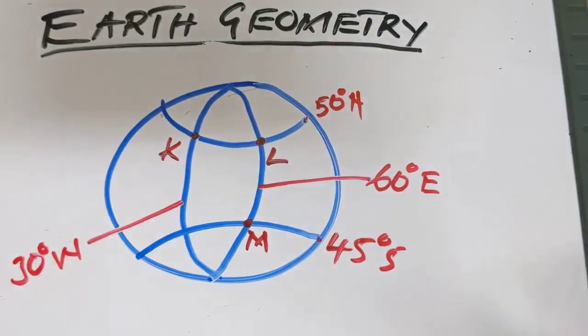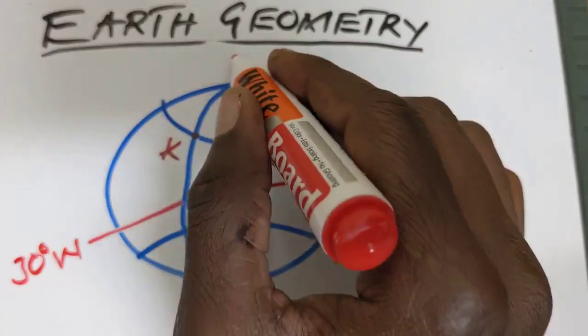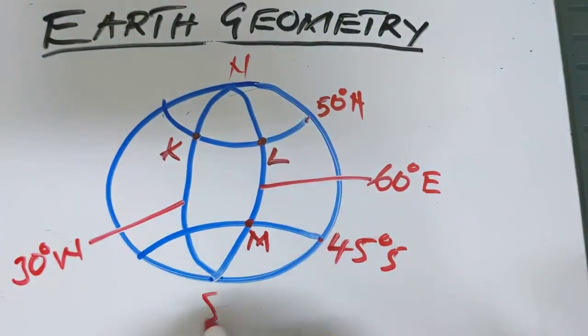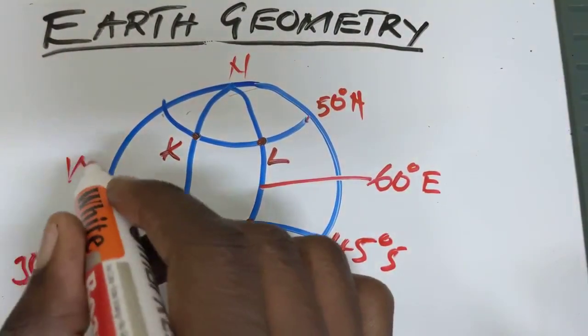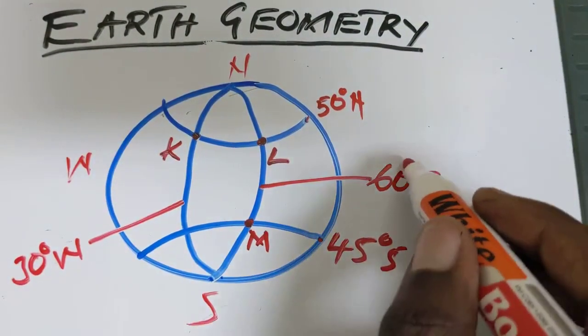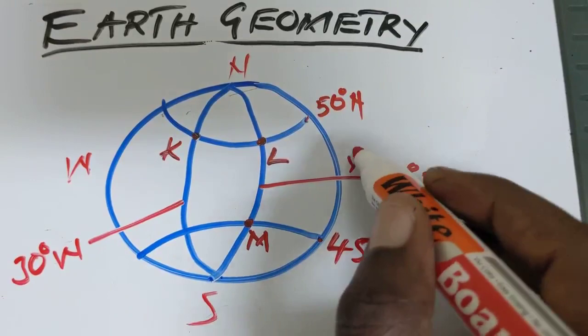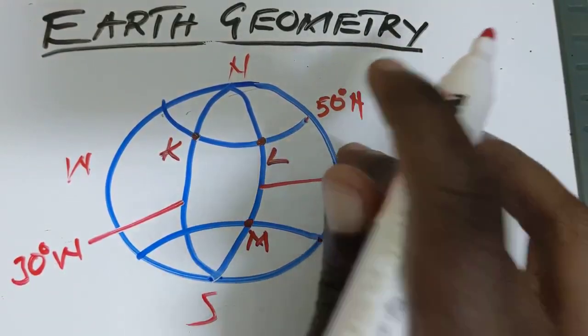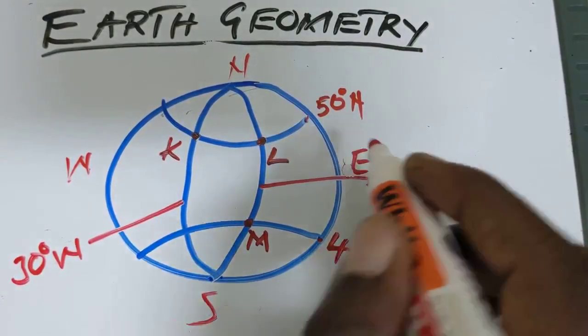Oh yes, that is how it came. So this was north, south, west, east, like that.